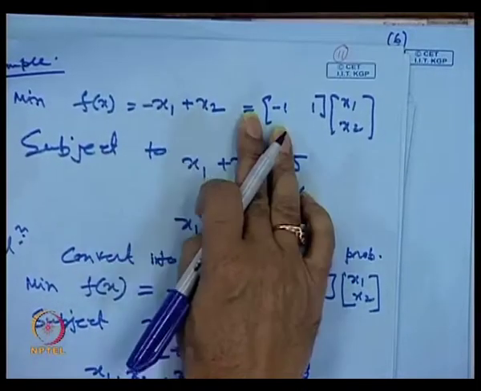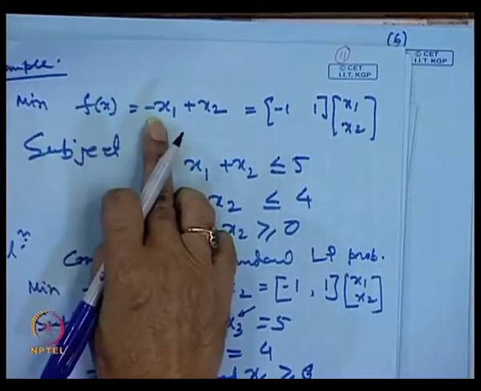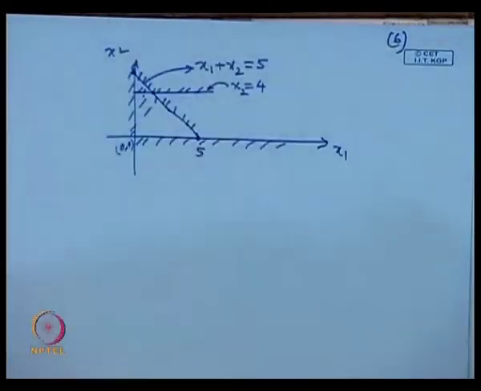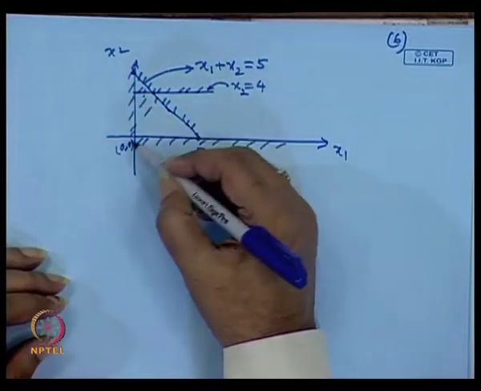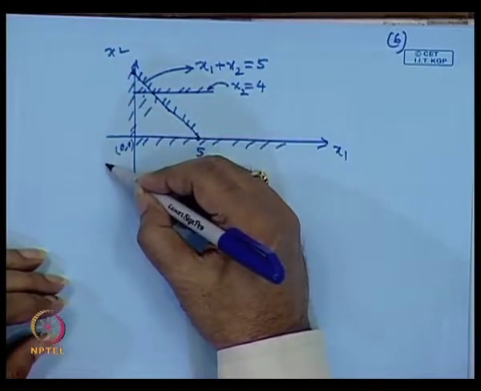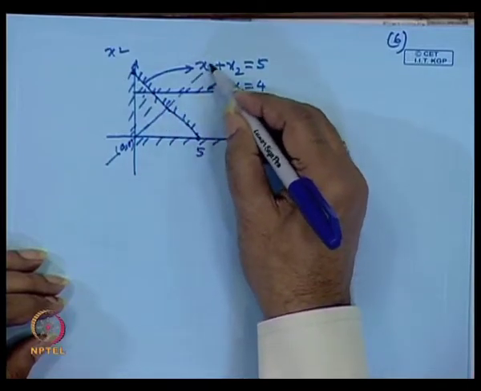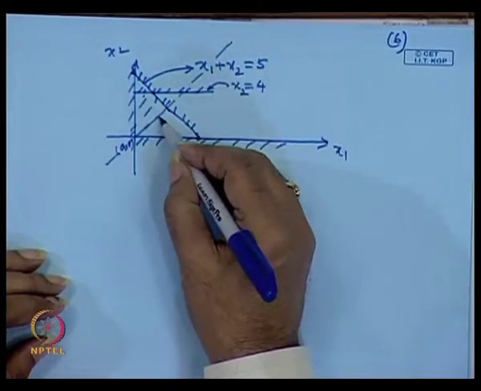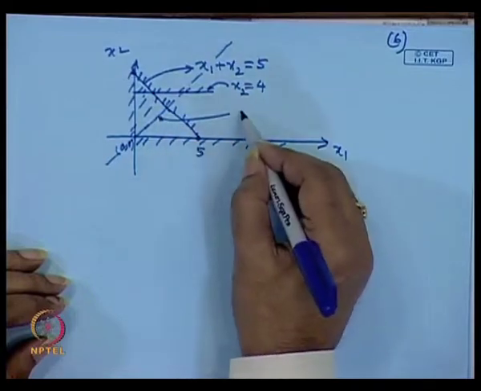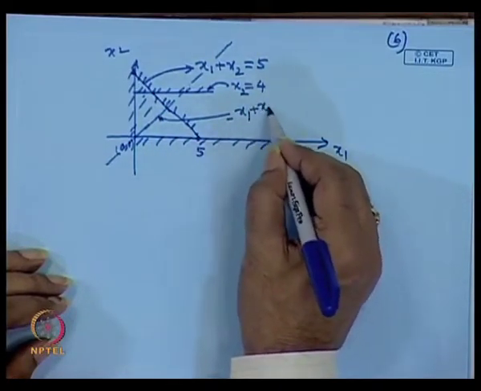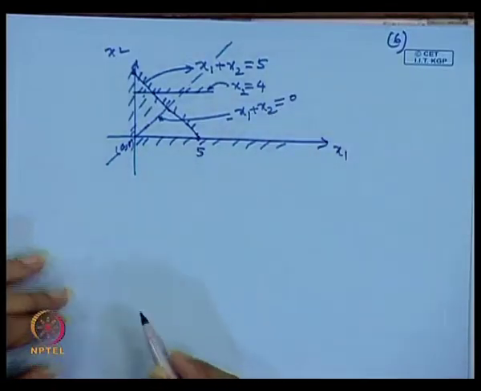Then what is the objective function? F of x is equal to minus x 1 plus x 2. Its value is 0 when it is passing through the origin. This is the equation of a straight line, minus x 1 plus x 2 is equal to 0.